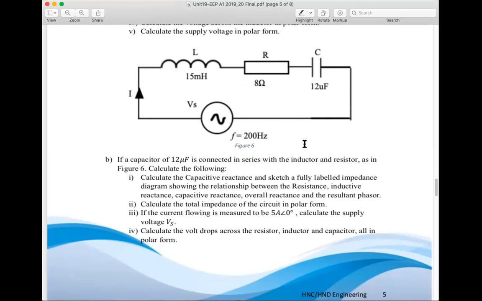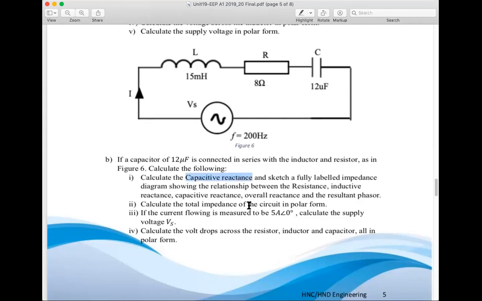I haven't done it yet. Well, you've got the formulas in your notes for calculating the capacitive reactance.